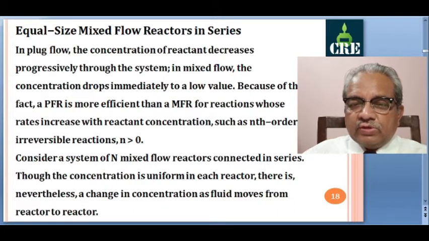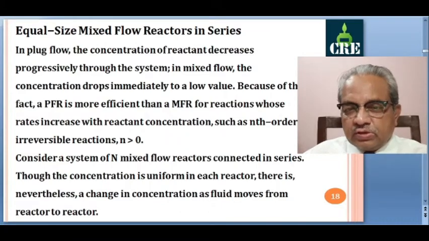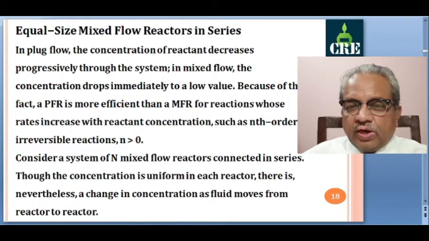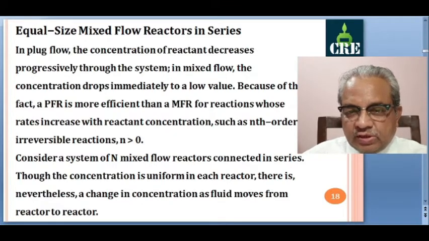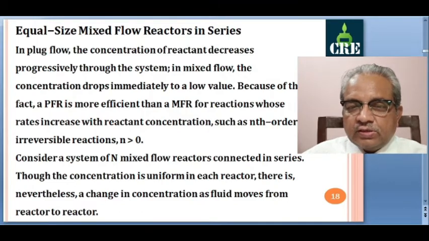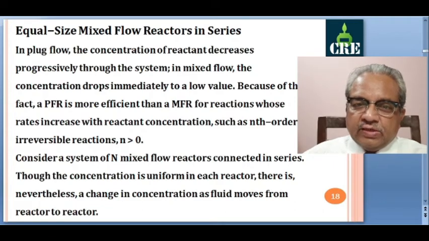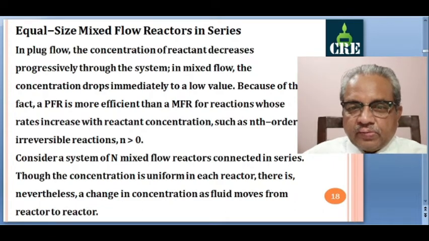So you start with Ca0, and in the reactor at steady state, the concentration immediately drops to some value Ca, which is the same as the concentration at the reactor exit. Assuming that the mixed flow reactor behaves as an ideal reactor with those valid assumptions, the exit concentration is the same as the concentration of the reaction mass within the reactor at steady state all the time.